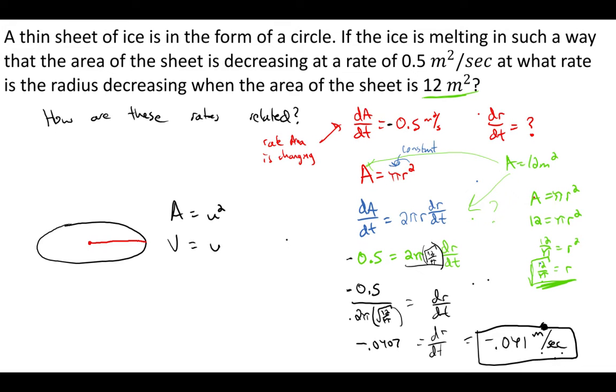Volume is always units cubed. So the reason that my area here, rate of change, was meters squared is because you're multiplying two units together. It's always units squared, but radius is just a single unit. So it should just be meters per second. Radius would change at a meter per second. But an area would change at a meter squared per second.